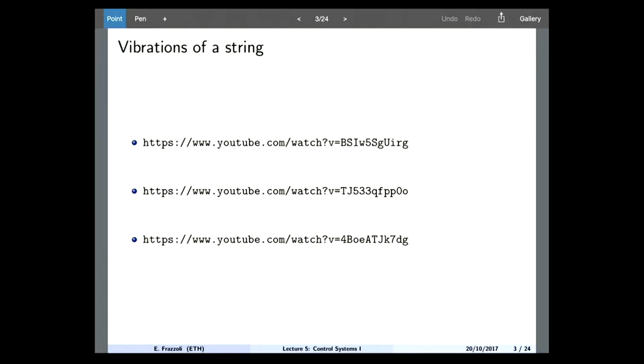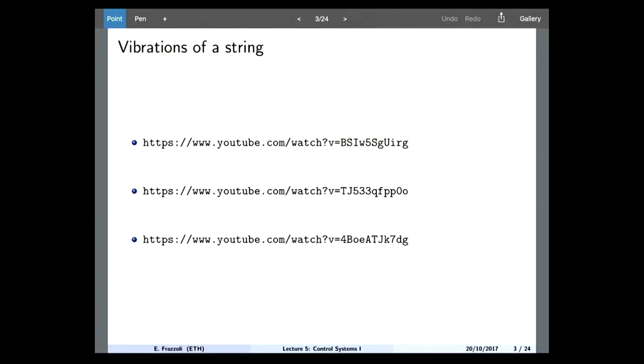Typically, when you hit a note, what is it that you hear? You hear a wave. What is the frequency of that wave? So a note is some vibration at some frequency. That frequency is exactly the imaginary part of the eigenvalue that describes the main mode of a string.